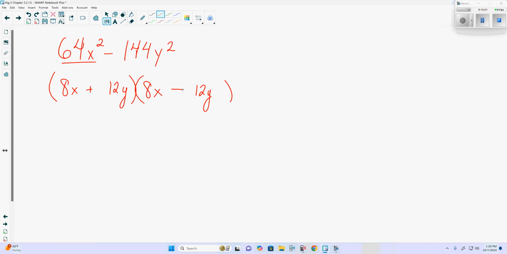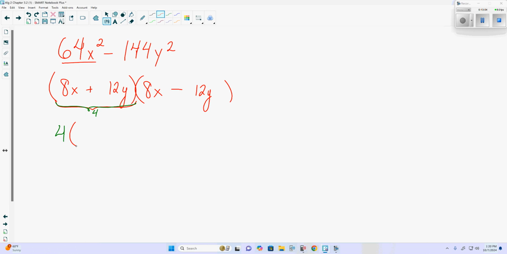Is there a greatest common factor between these terms? Yeah. What's the greatest common factor between 8x and 12y? So it does simplify. We can pull out that 4 that's in common with both of these. So when we factor a 4 out, we're dividing both terms by 4.